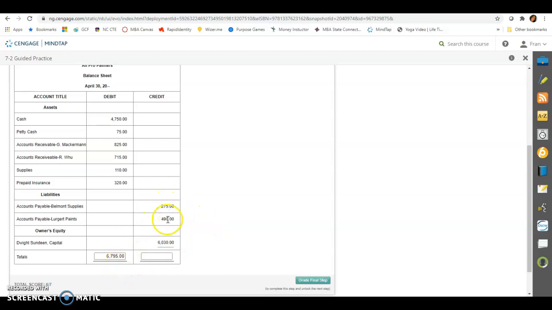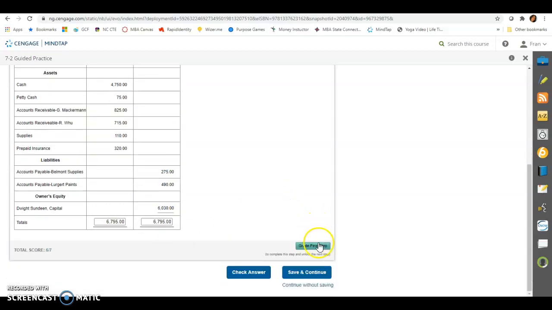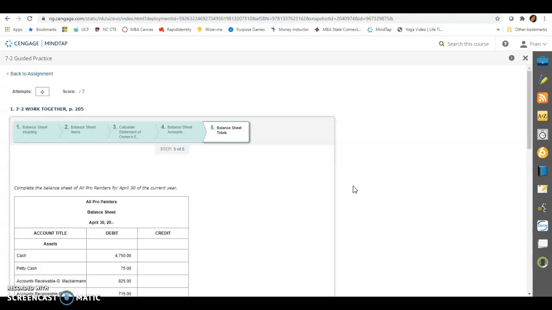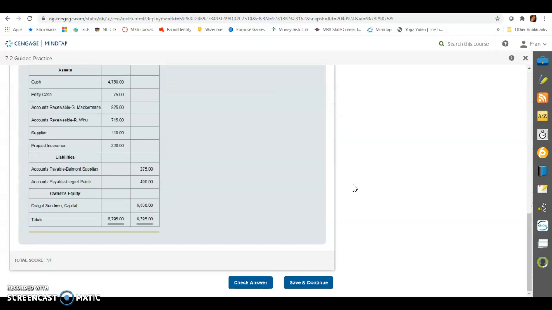Then I added these three numbers together, and thank goodness it also equals $6,795. So our assets do equal our liabilities plus our owner's equity. So we already know without hitting grade that we're right. Won't that be funny if I click grade and it's not right? All right, so that is 7-2 Work Together. The end.